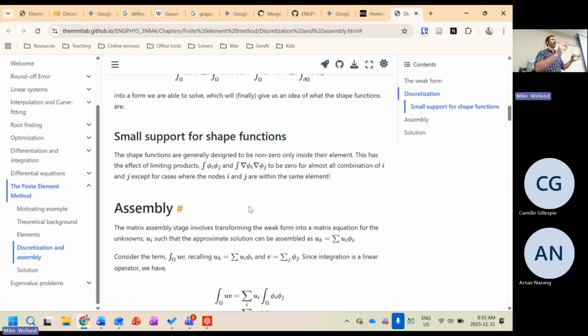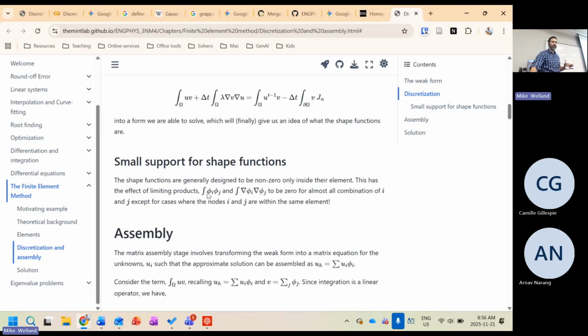I'm sure mathematically there's a whole field of study about compact support functions. What it means for us is that when we start integrating between all the different permutations of shape functions, all the different indices, j and I, almost all of them are going to be 0, except within the particular element.